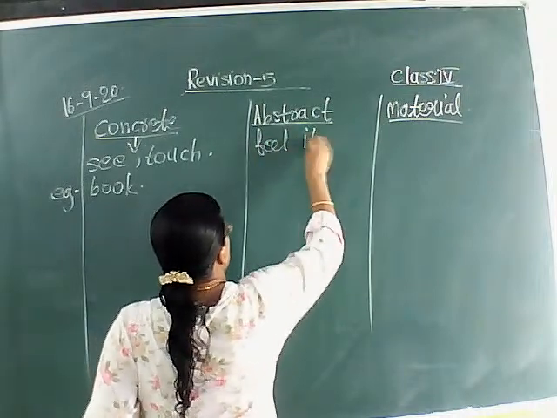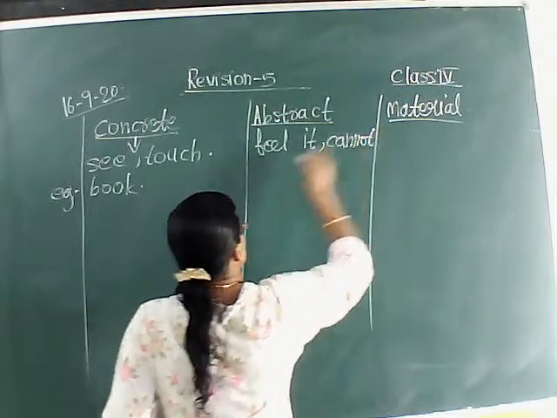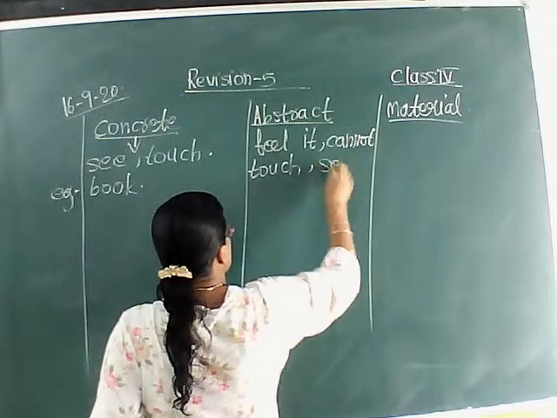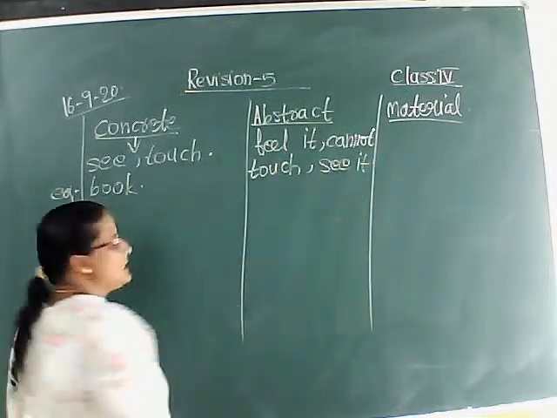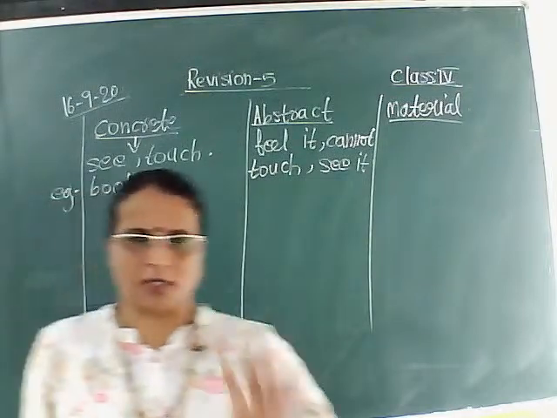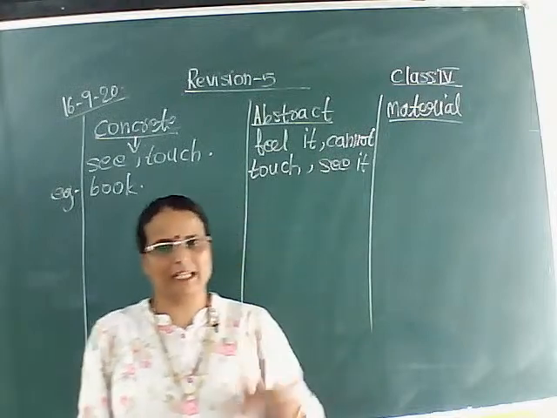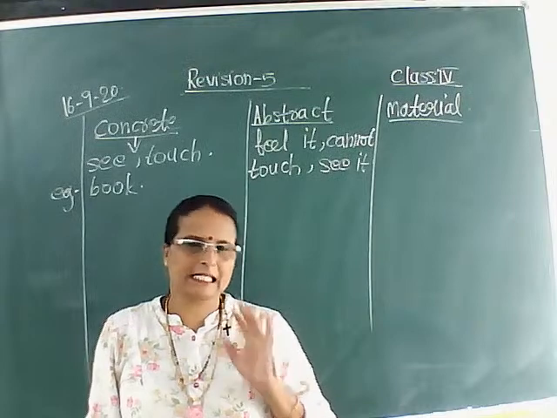We can feel it. We cannot touch or see it. So this is the abstract noun definition in short. Abstract nouns can be felt, but we cannot touch or see it, but it is existing.